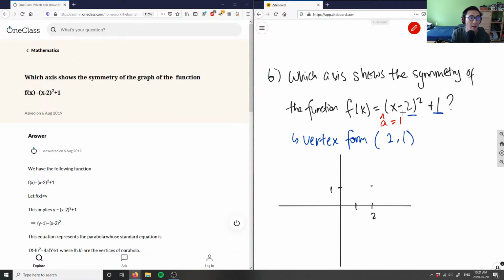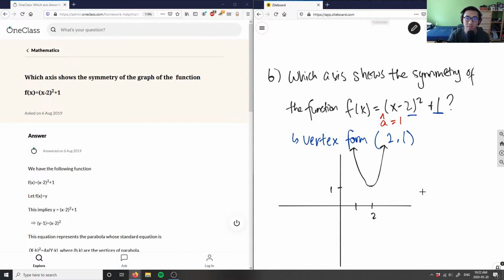It's positive, so I know that my parabola is going to open upward. The parabola looks something like this, and it won't open downwards because it's not reflected in the axis here.